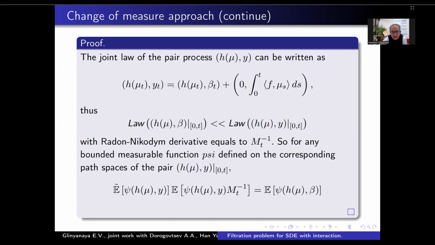Here we have two coordinates, and the second coordinate we shift. Then the distribution of this pair on the interval 0 to t will be absolutely continuous with respect to the law of the shifted processes.